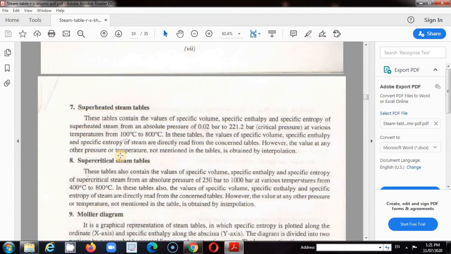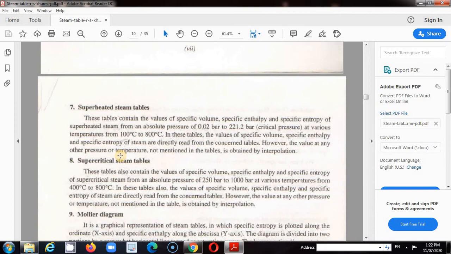So here there is one separate table related to superheated steam. This steam table covers temperatures of more than 300 degrees centigrade also. These tables contain the values of specific volume, specific enthalpy as well as specific entropy, the same three values as in the saturated condition, but here the temperature and pressure must be high, near or more than 300 degrees centigrade, so it is called superheated steam.